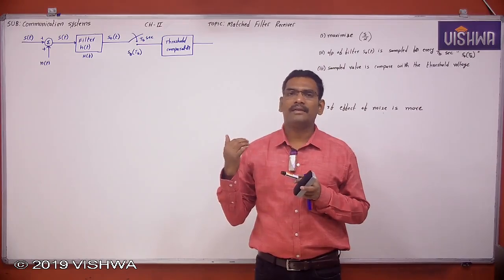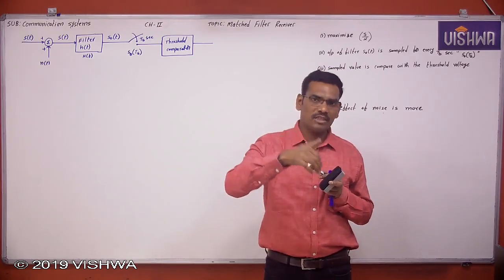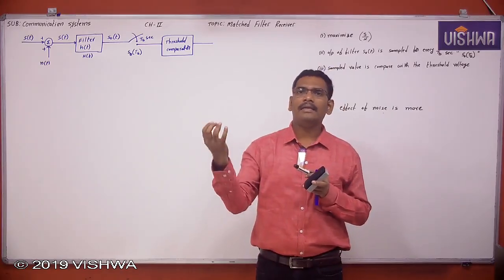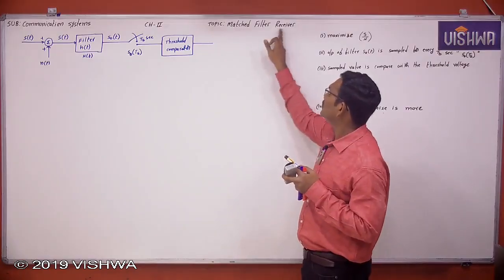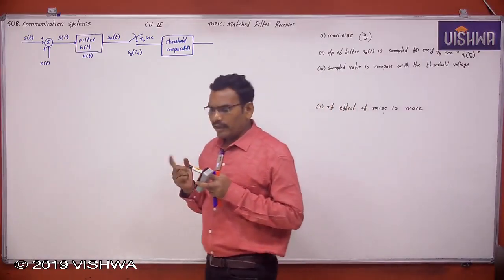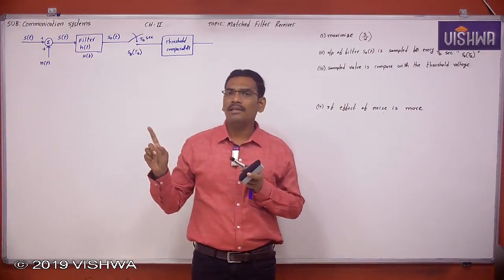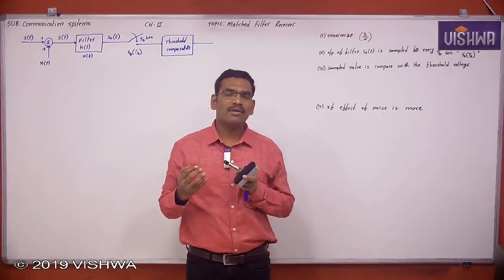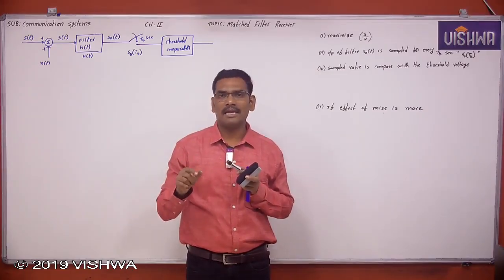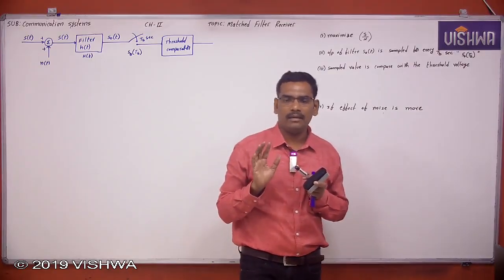Now the transmitter transmits a signal, that signal travels through a channel and arrives at the input of the receiver. The signal is traveling all the way through the channel, and because of the various losses associated with the channel, definitely that signal gets affected by noise, right?